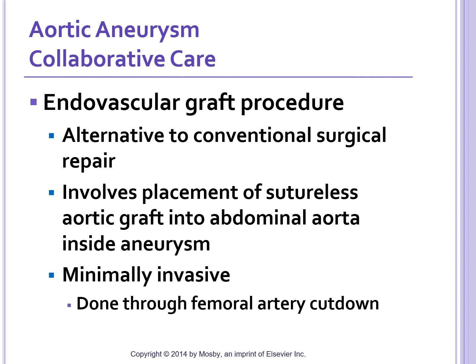One of the other procedures that is a little bit more common now, it is minimally invasive, is an EVAR procedure, endovascular graft procedure. So it involves placing a sutureless graft into the aneurysm, and they place a catheter through the femoral artery, and they thread a graft or sutureless graft or a stent into where that aneurysm is.